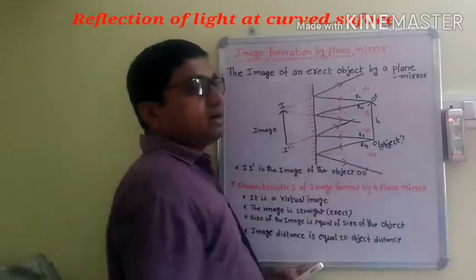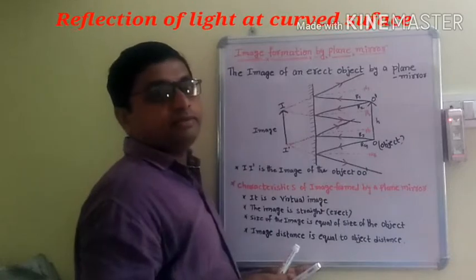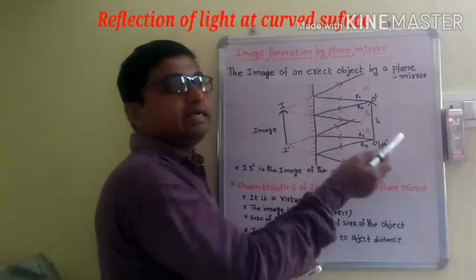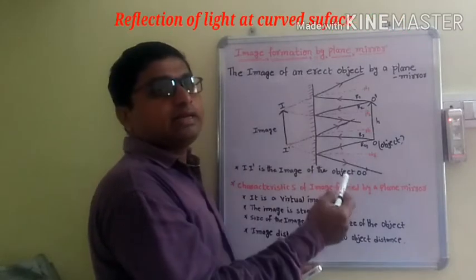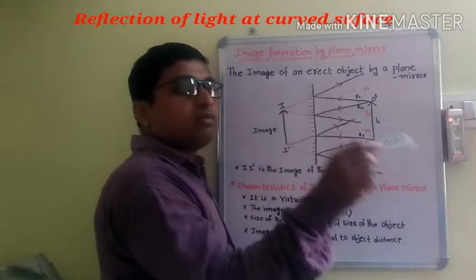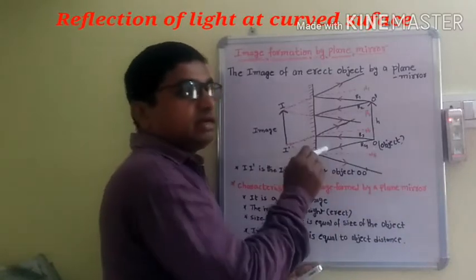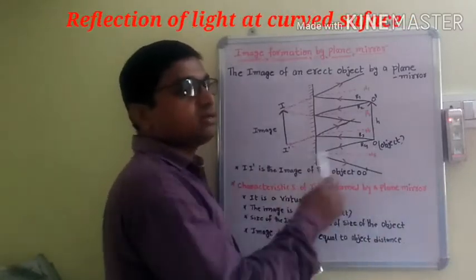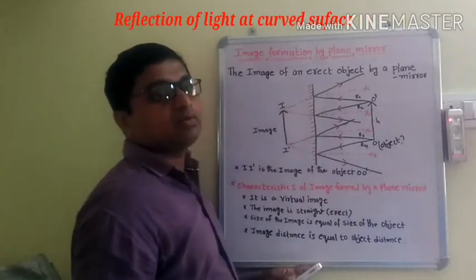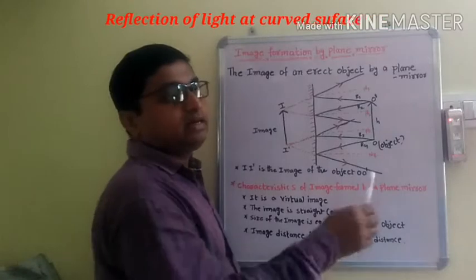Here the R3 light ray comes from the bottom of the object, falls on the smooth surface and is reflected, and the R4 light ray from the bottom of the object falls on the smooth surface and is reflected. Here also we draw the normals N3 and N4.